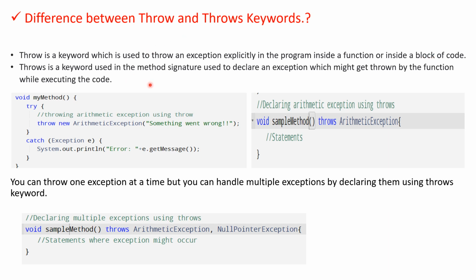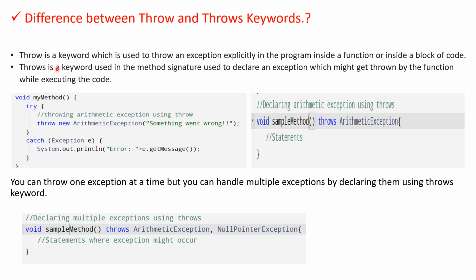We use the throw keyword when we want to throw an exception in the program, inside a particular method or some block of function. In such scenarios we use the throw keyword.